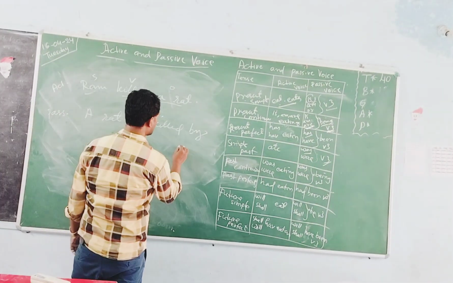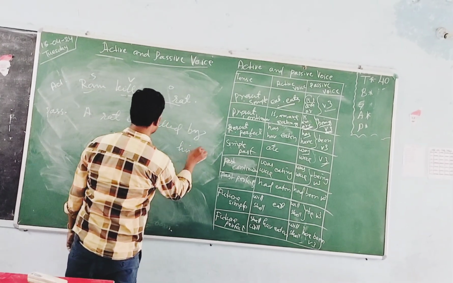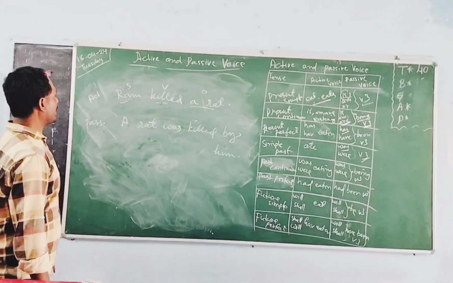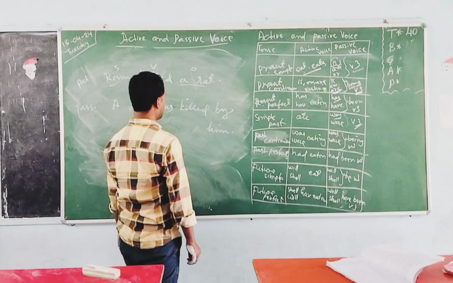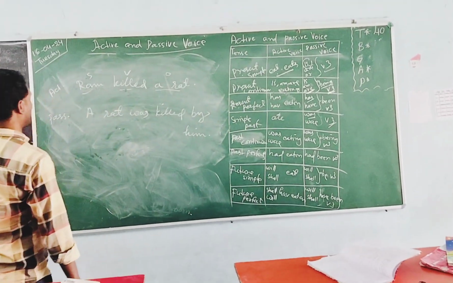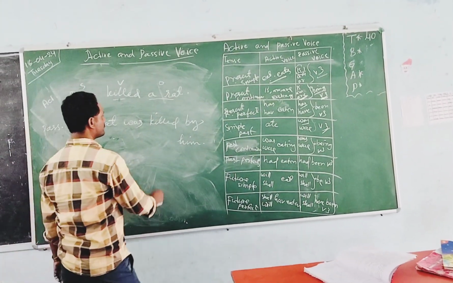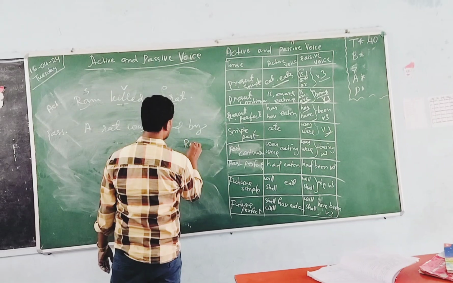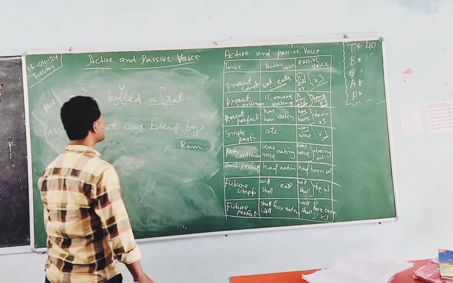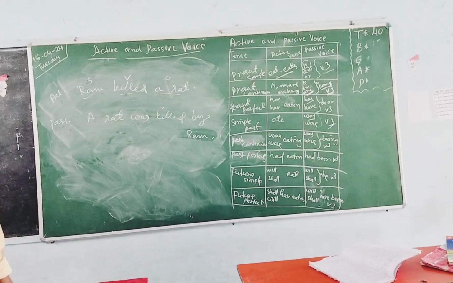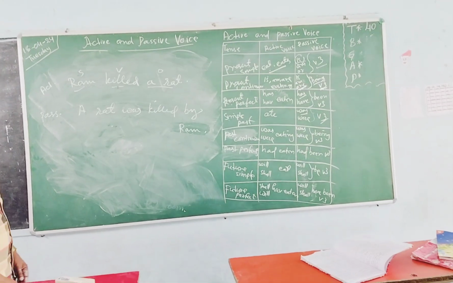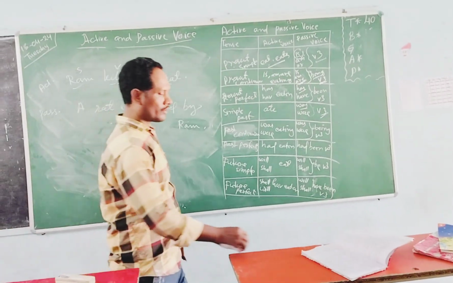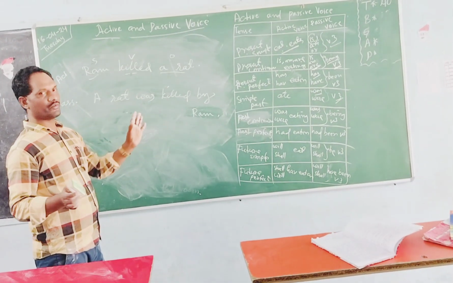By him. A rat was killed by him, or a rat was killed by Ram. Ram killed a rat. A rat was killed by Ram. This is past simple, tenses wise. Then it is very clear to you.